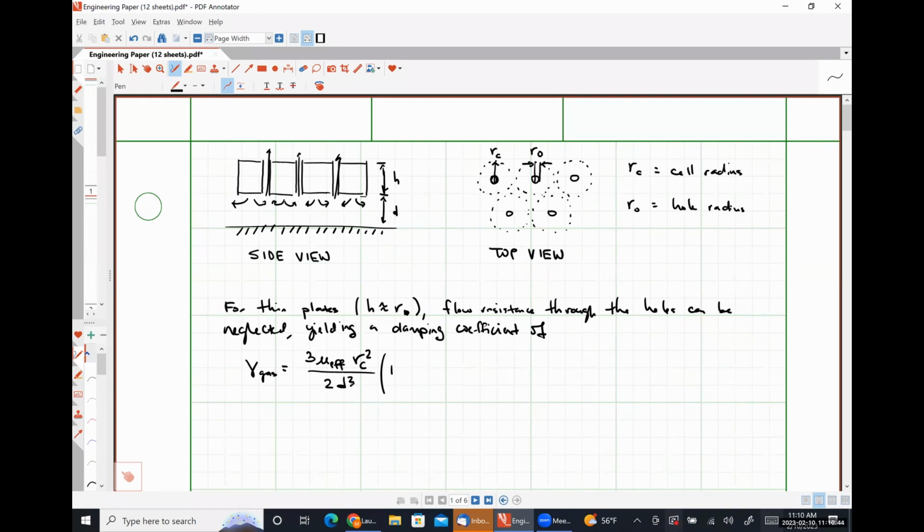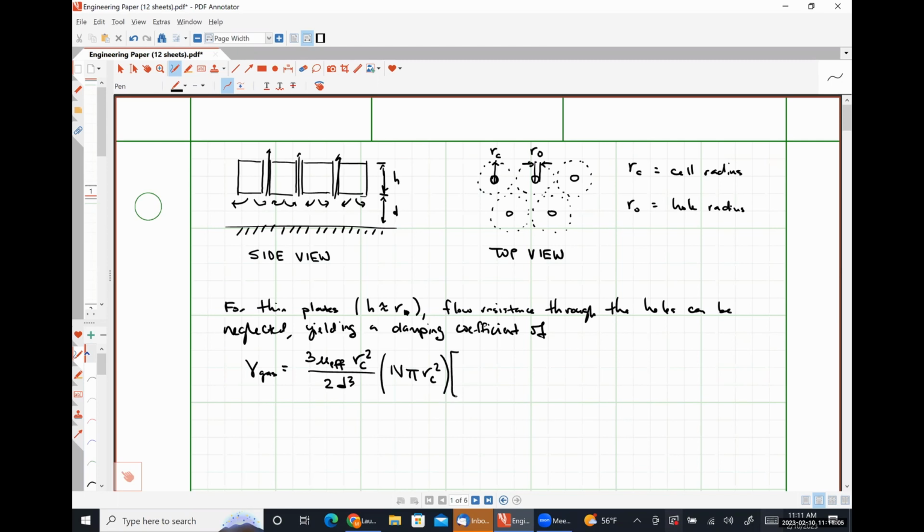This factor is multiplied by n times pi RC squared. This is nothing more than our effective plate area, the number of holes times the area of each cell, all added together.